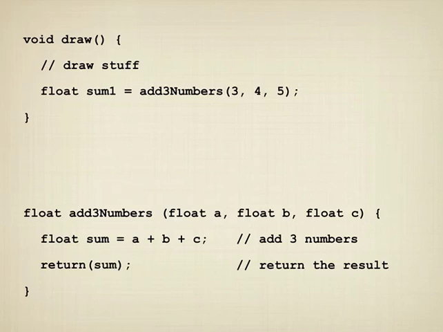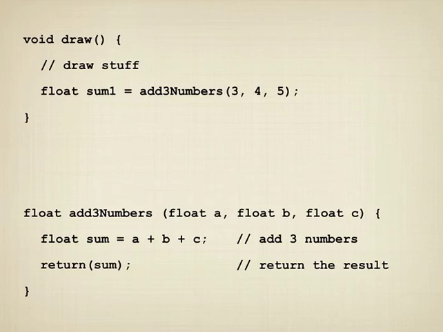So it says, all right, now I'm going to match up the three variables, A, B, and C, with 3, 4, and 5 in order. So A becomes 3, B becomes 4, C becomes 5, and now it executes the lines inside of add three numbers. Sum is A plus B plus C. Well, that's going to be 3 plus 4 plus 5. Computes the number, sticks that into sum, and then it sees return sum.